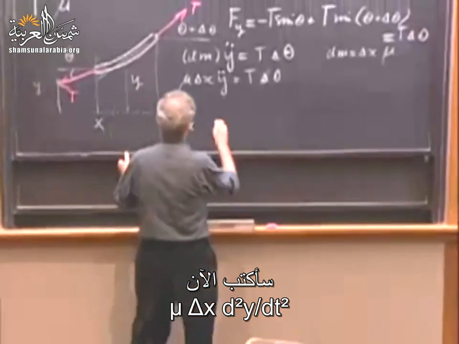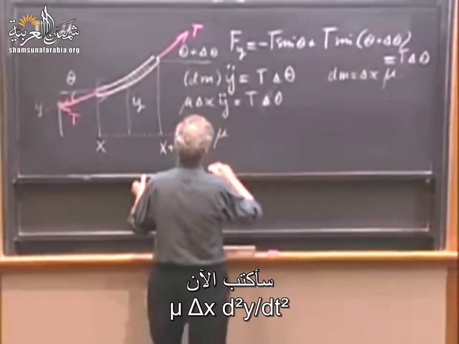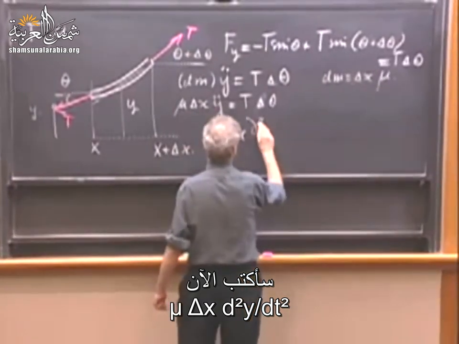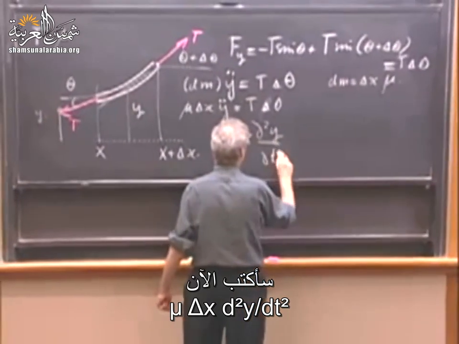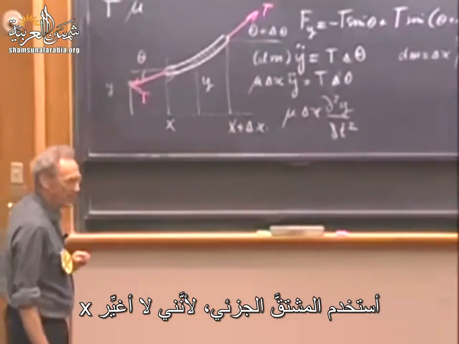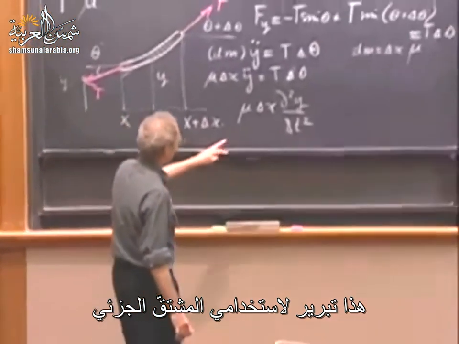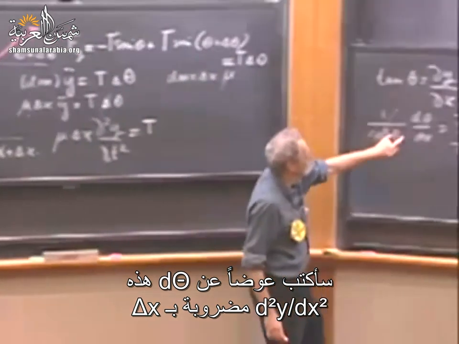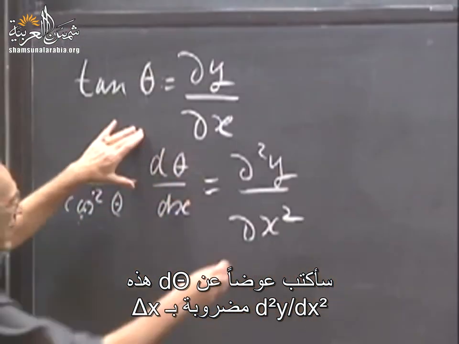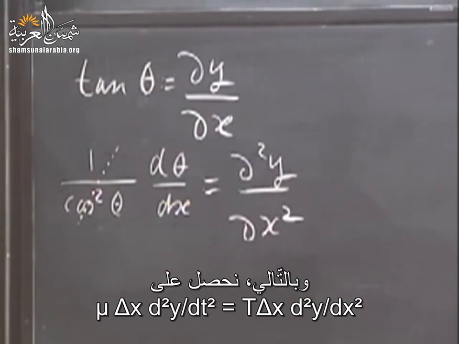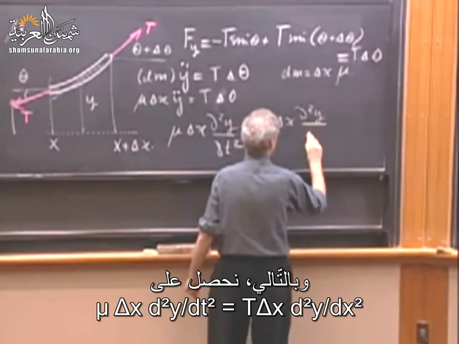So I'm going to write now here mu times delta x, and here I write d2y dt squared. I use partial derivatives because I'm not changing x. That's the justification for the partials. And now I get t, and now this delta theta, I'm going to write for it this times delta x. So now you get delta x times d2y dx squared.